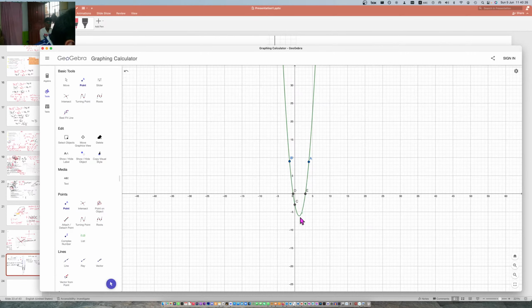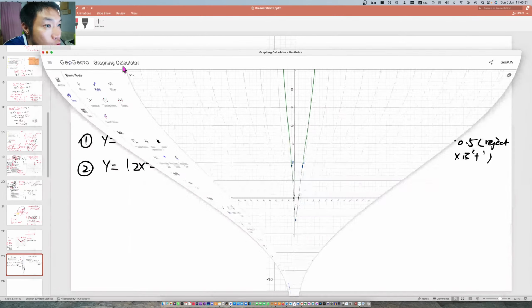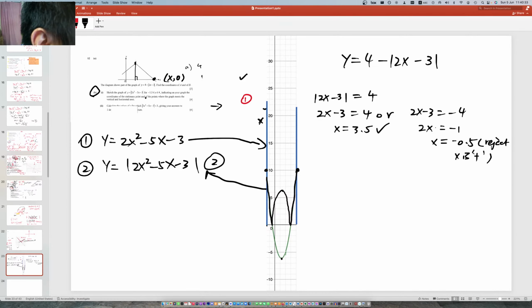Let me read the question: points where the graph meets the vertical and horizontal axis. So this point you must show, and these two. This one no need. So 3 points you need to show, and these three points are very easy to get. Then that's it.